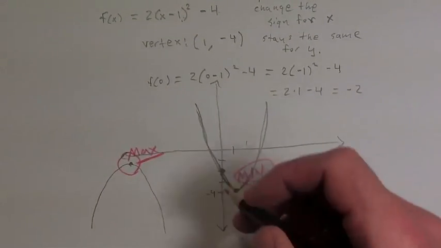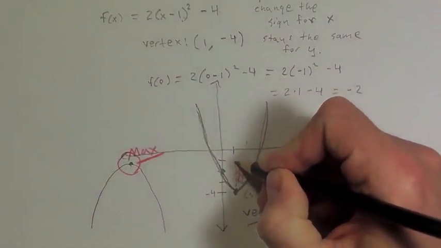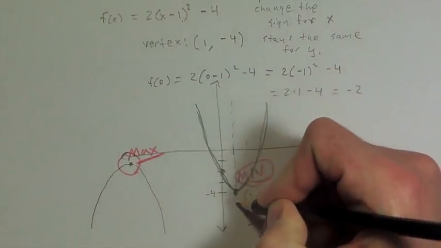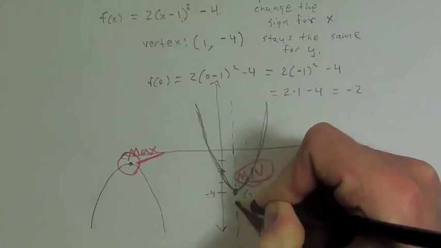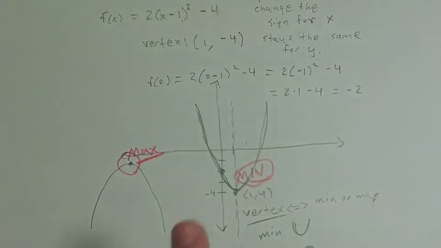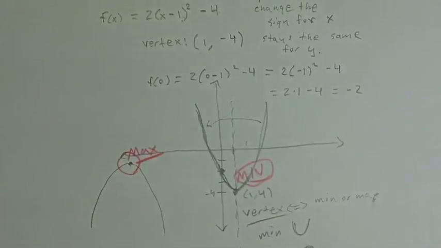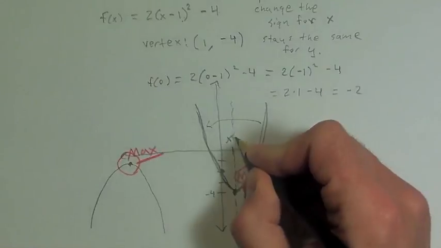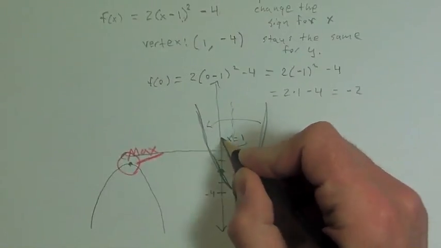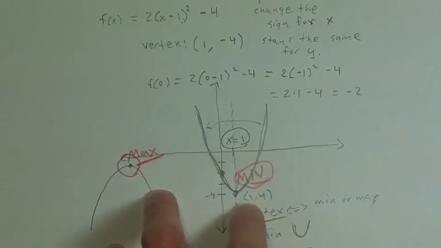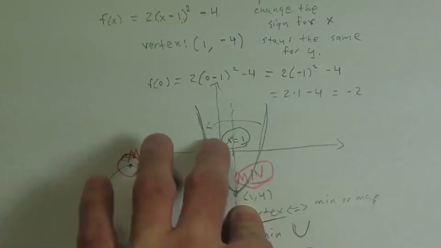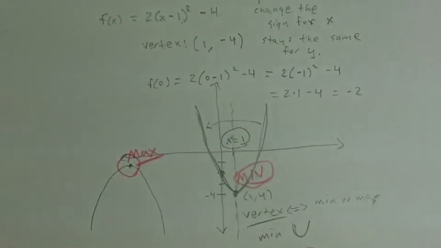Also, we have what is called the axis of symmetry. So the thing about quadratics, they make a u, but they are also mirror images of one another across this line. And this line here is x equals 1. In fact, it is the x-coordinate of the vertex.